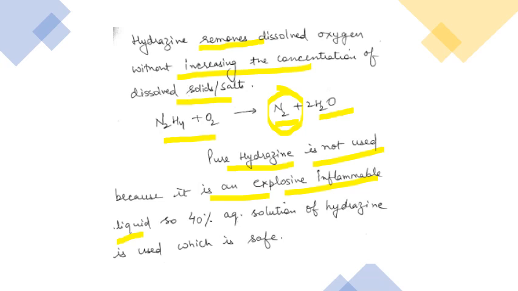So the 40% aqueous solution of hydrazine is used, which is safe for the removal of oxygen. So this must be kept in mind that hydrazine is an ideal chemical for the removal of the oxygen, but pure hydrazine is not used. Its 40% aqueous solution is used, which is quite safe.